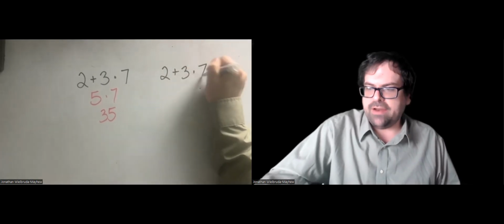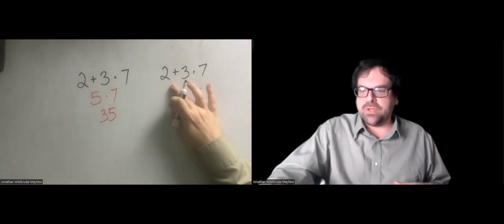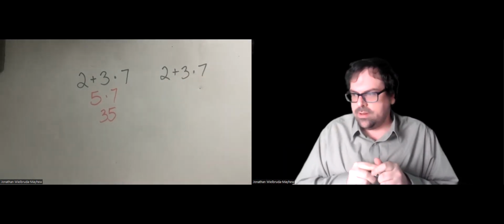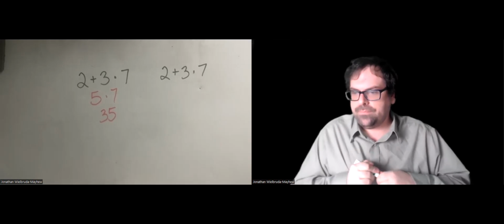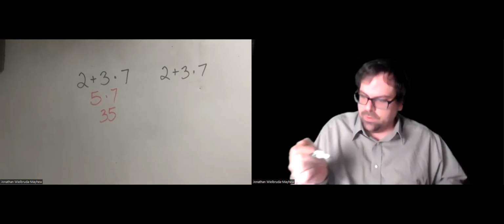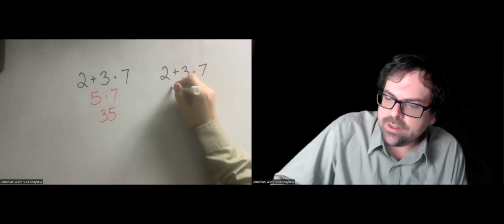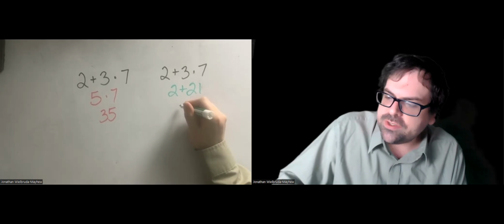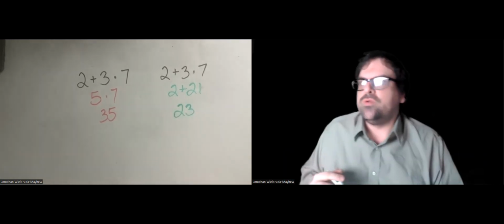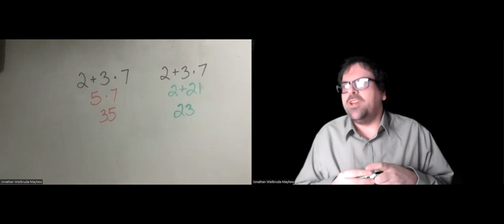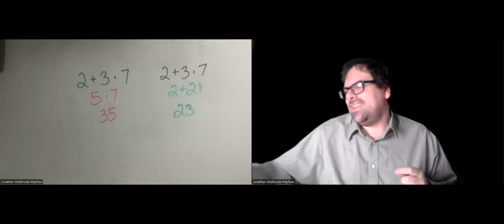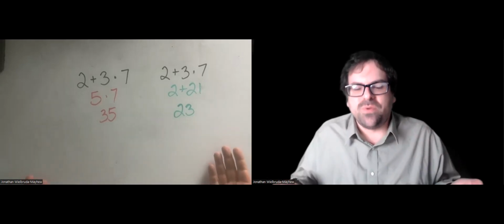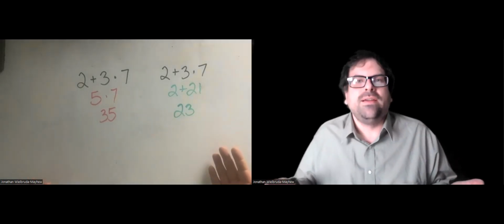What if we multiplied first? What if this was 2 plus 3 times 7? Well, if we multiply first, 3 times 7 is 21. 2 plus 21 is 23. I put that one in green. Which is the right answer, 35 or 23?